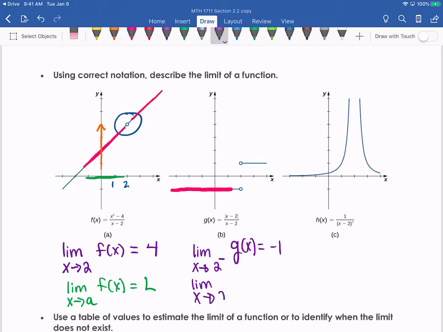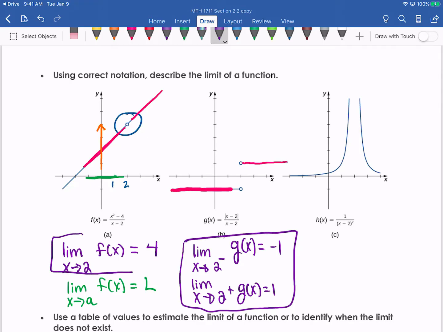As I approach the x value 2 coming from the right, as I trace it, it's going to be 1. These are called one-sided limits, where I'm looking at just one side. Where I don't have a direction indicated, that would be a two-sided limit, so you'd have to be coming in from both sides.